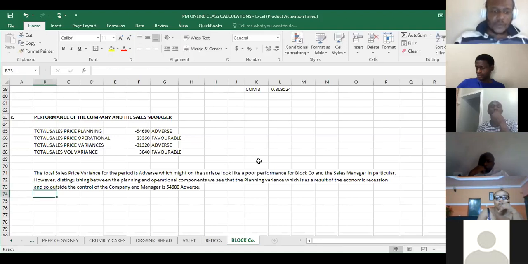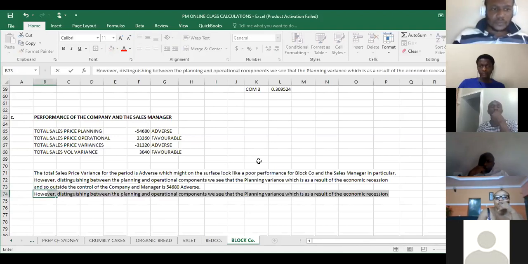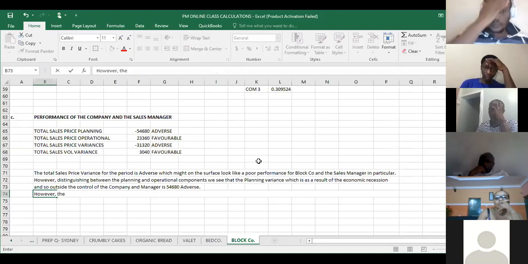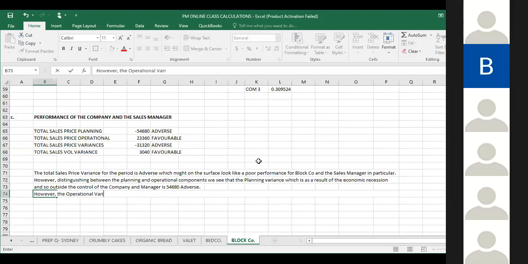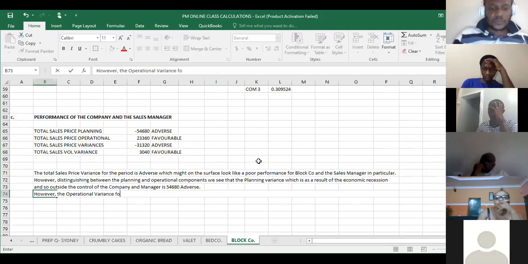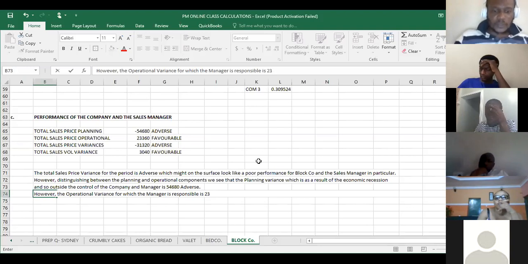However, the operational variance, for which the manager is responsible, is favorable. What's the figure? 23,360 favorable.